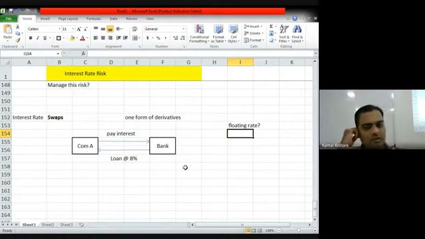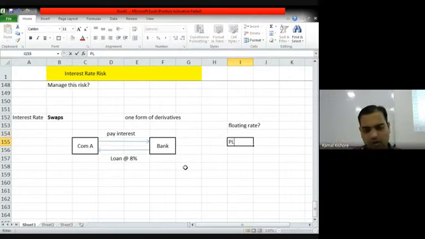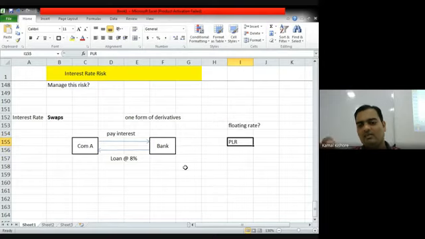These benchmark rates are generally decided by the central bank of a country. For example, we have PLR, the prime lending rate. When you take a home loan, the bank will say your rate will be PLR plus 0.5%, PLR plus 1%. This 0.5% or 1%, once agreed, will not change.